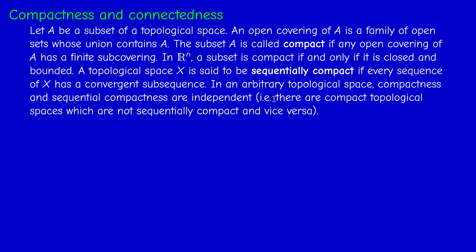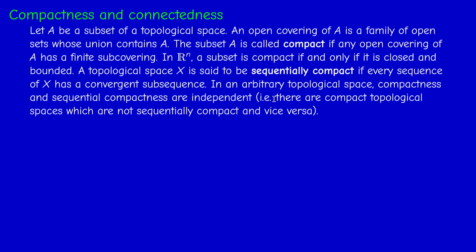So we may have a compact space which is not sequentially compact, and a sequentially compact space which is not compact. I will not give counterexamples, but you can find them if you search on Google. I may give one example later when we talk about the product topology. So in arbitrary topological spaces, we have two independent notions, compactness and sequential compactness.